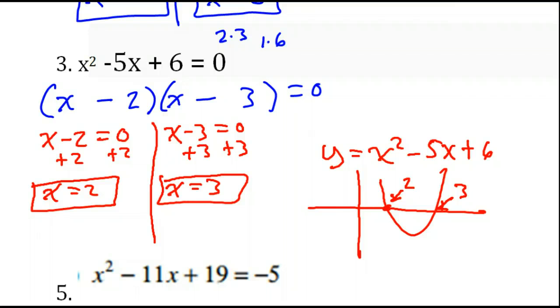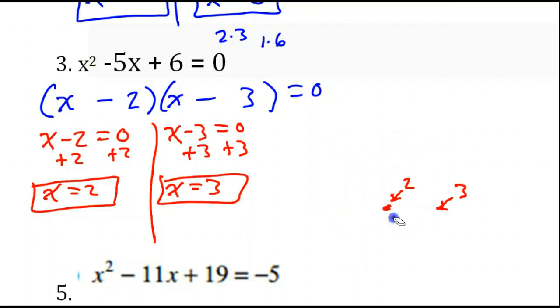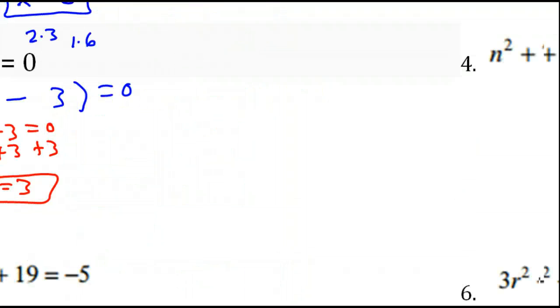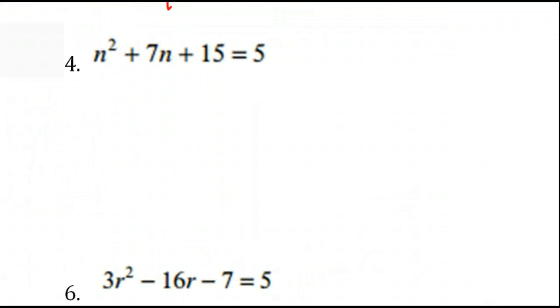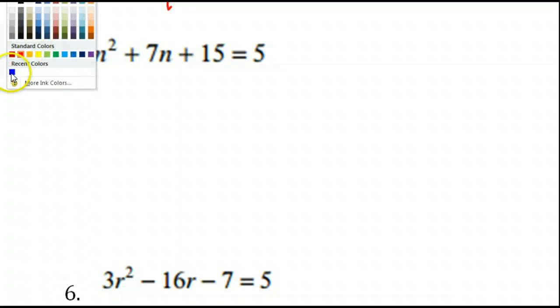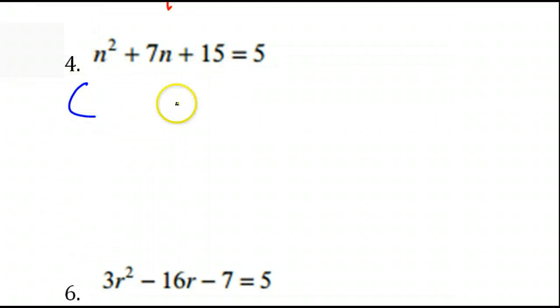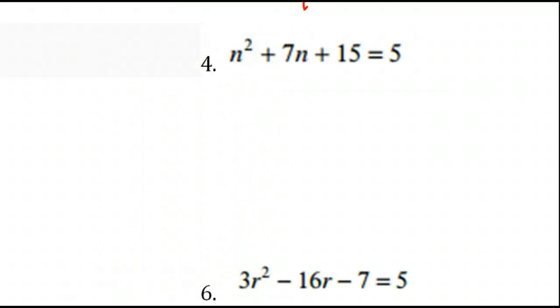Okay, that's what that means. Alright, I'm not going to do that anymore because that's time consuming and we got a lot of problems to do. Number 4. Oh wait, whoa. Okay, this doesn't have 0 on one side.